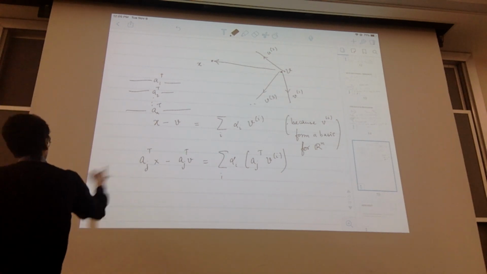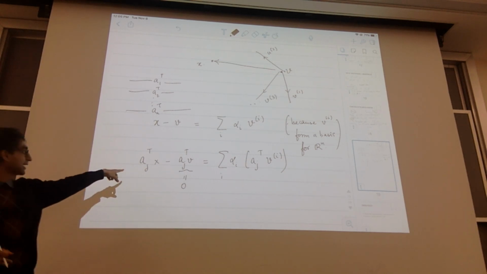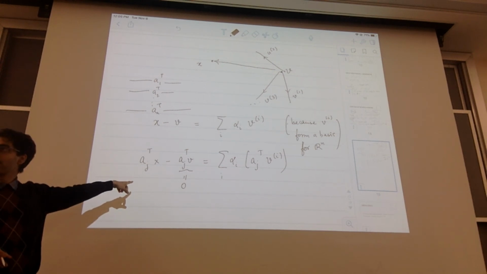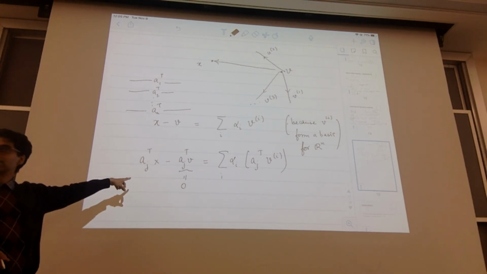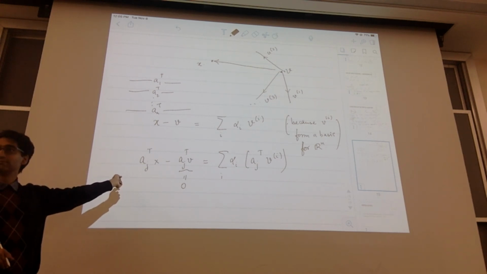So this one is equal to 0, because b actually satisfies this constraint. And what is this guy? X is some feasible point.